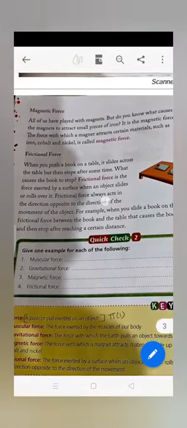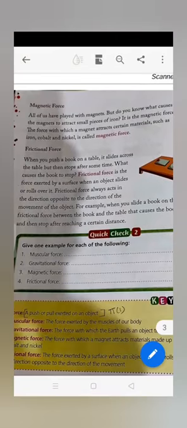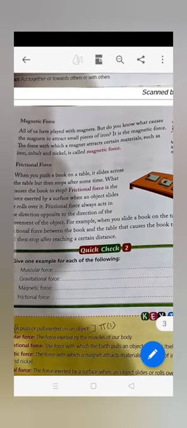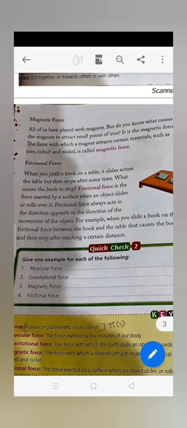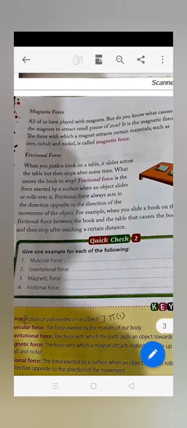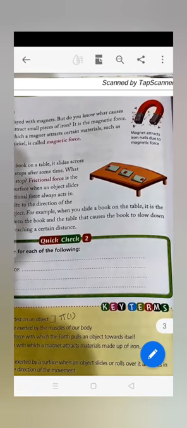Okay. Now see the frictional force. When we push a book on the table, it slides across the table but then stops after some time. So what causes it to stop? It is the frictional force that is exerted by the surface, when an object slides or rolls over it. Frictional force always acts in the direction opposite to the object.